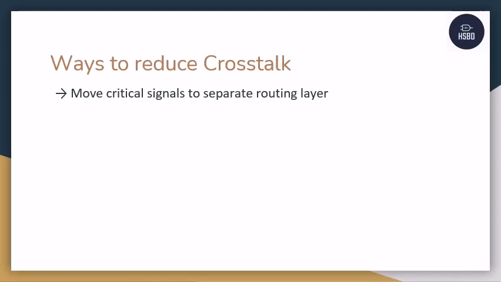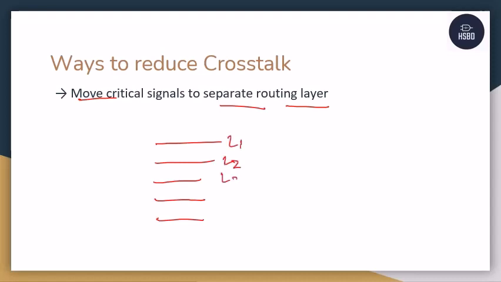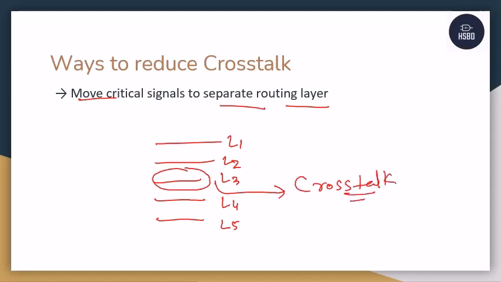Let us discuss the second way to reduce the crosstalk. The second way says move critical signals to separate routing layers. The main principle behind this option is, if you have a stack up with multiple layers, for example layer 1, layer 2, layer 3, layer 4, and layer 5, and in particular layer 3 you are seeing more crosstalk, and there are multiple signals there, for example A1, A2, B1, B2.